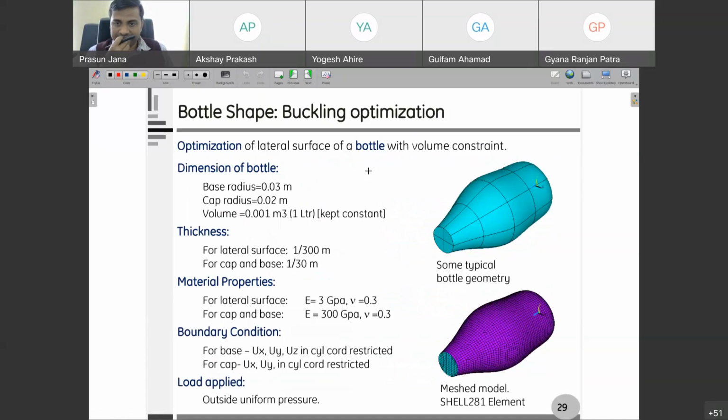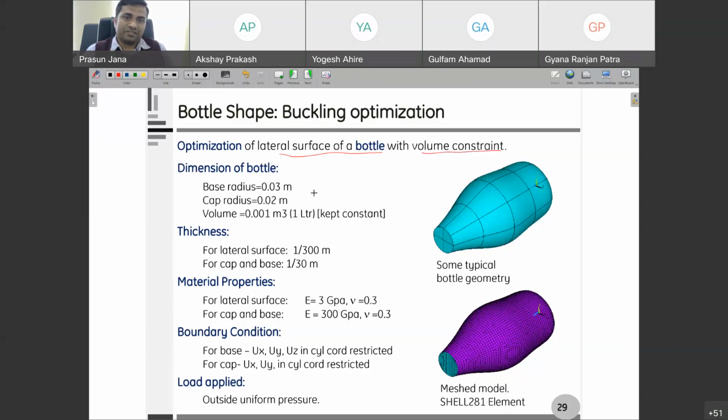Now if we use a different constraint, here we are trying to see what lateral surface profile of a bottle we can have if we have a volume constraint. Let us say the bottle has 1 liter of volume. Then what surface profile can give you maximum buckling load?